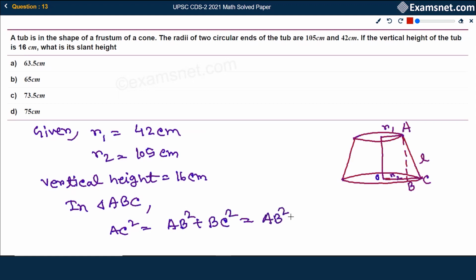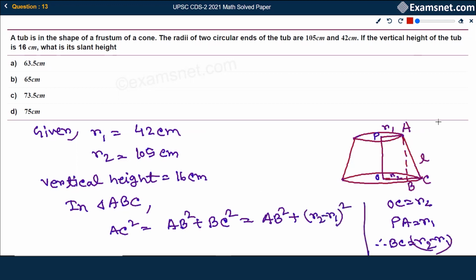Now OC equals R2, and let's say this point is P, so PA equals R1. So BC equals R2 minus R1, so R2 minus R1 whole square.